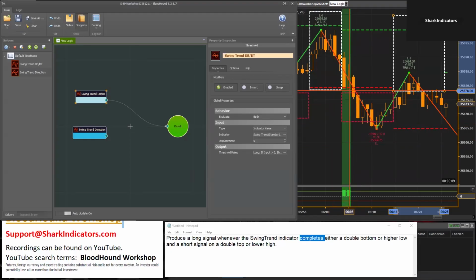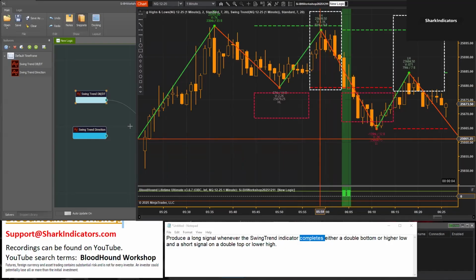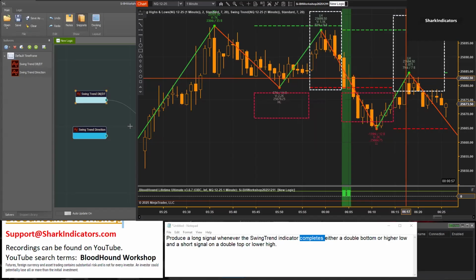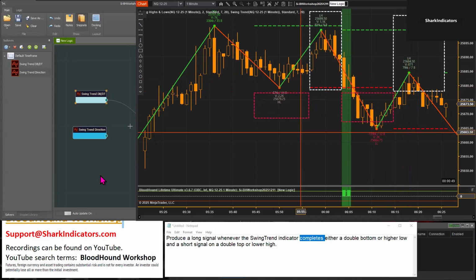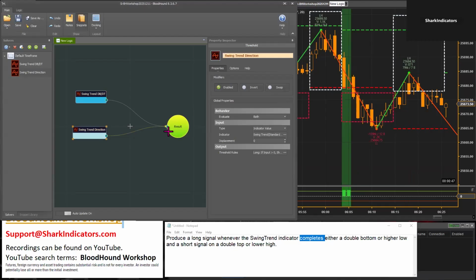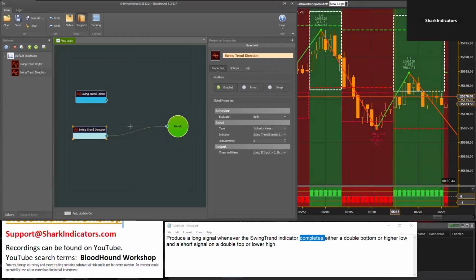Actually, I'm going to need to find another spot here. So the way that we know that this double bottom's locked in is we need this long output, right? We need the swing line to reverse direction, and we need this upswing to start developing, denoted by this long output here, right?